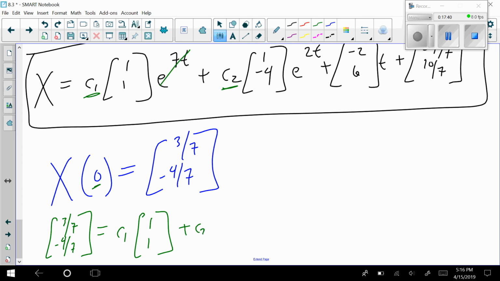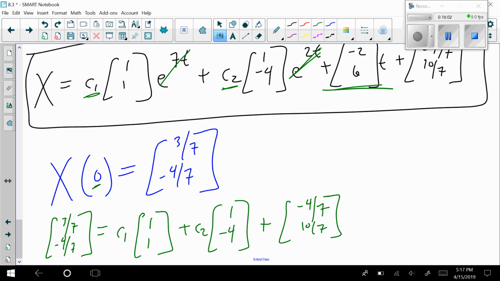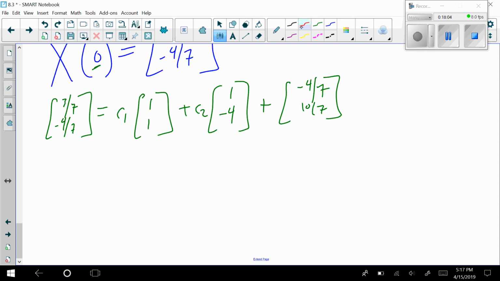Plus c sub 2, 1, negative 4. Well, again, here, that's just going to go away, so I don't even have to worry about that. Now, this 0 here makes this whole matrix fall off. Don't need to worry about that. Plus, that was negative 4 sevenths and 10 sevenths, which really these create a couple different equations.